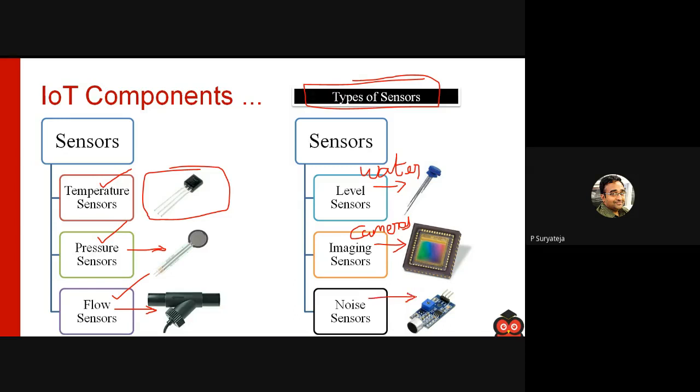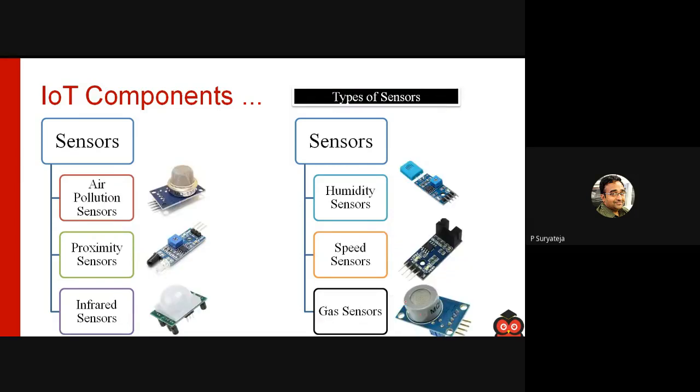And we can have noise sensors, which will detect sound. We have other kinds of sensors also, like air pollution sensors. This sensor will detect gases. Very similar to that are gas sensors.